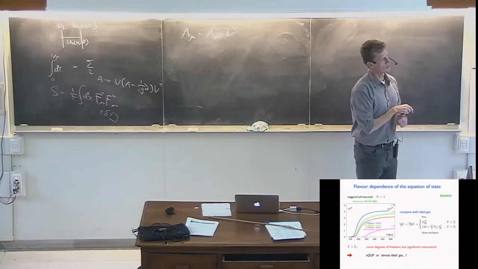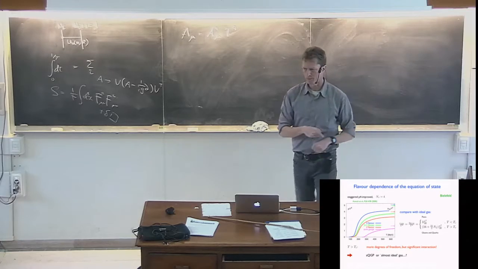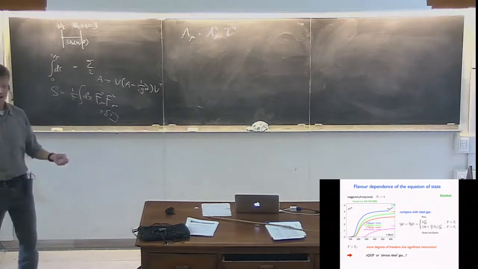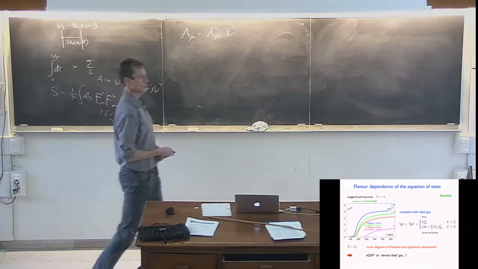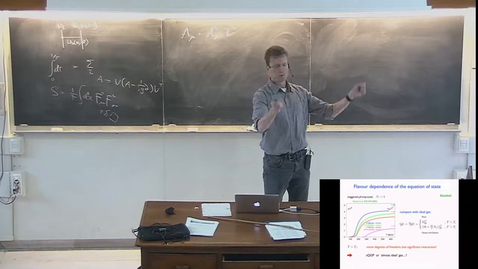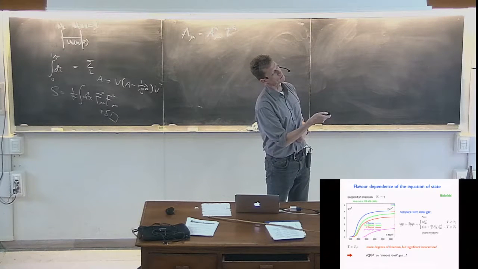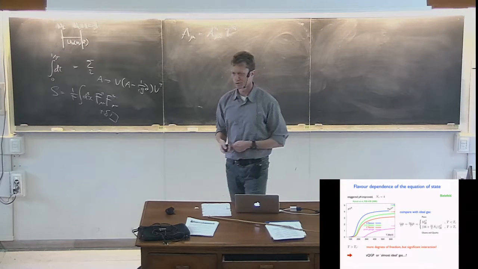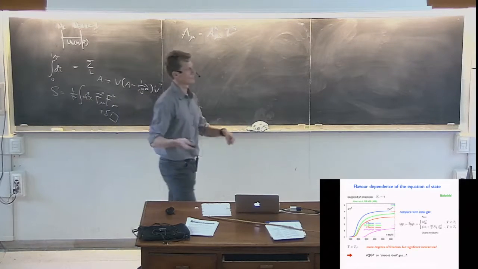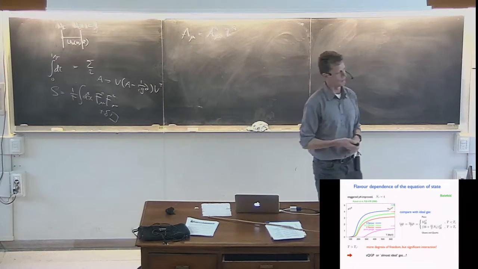And so when this first came up, people were very happy and excited and said, you see, we have deconfinement. We're 80% there, right? We're almost there. 80% of this pressure is described by a free gas, so it's weakly coupled quark-gluon plasma.